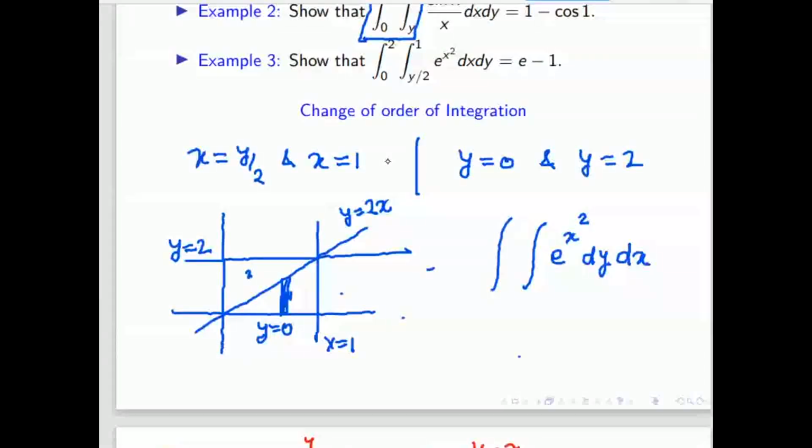It will start from 0 and go up to 2x, that is the y limit, and then the x limit will start from 0 and go up to 1. So this integration is equivalent to the earlier integration after changing the order. Again here we can integrate this dy easily. It will come y, apply the limit, and then we can do it with respect to x.